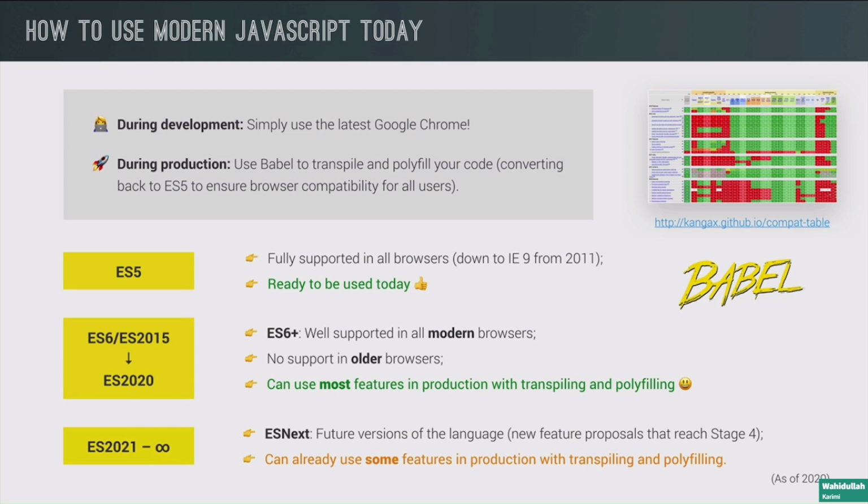And a great place to start is actually, once more, this compatibility table that's up here on the slide. But anyway, as these new features start coming out, I will simply add new videos about them to the course in order to keep it updated. With the annual release cycle, this is now way easier to do, because there will be no drastic changes to the language like ES6 was.